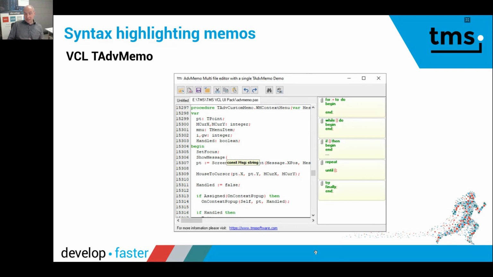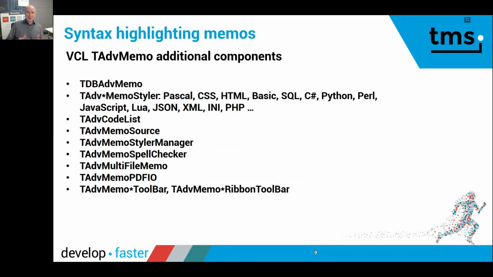The ADV memo is meanwhile a family of components centered around this ADV memo, which is a non-database aware memo component with an interface that is identical to the standard VCL memo. So it functions as an easy replacement for a standard memo.